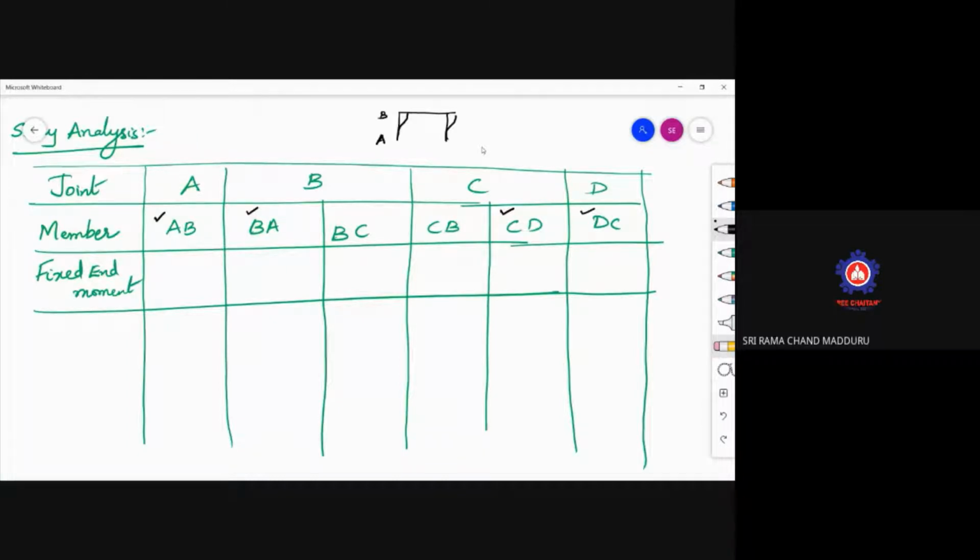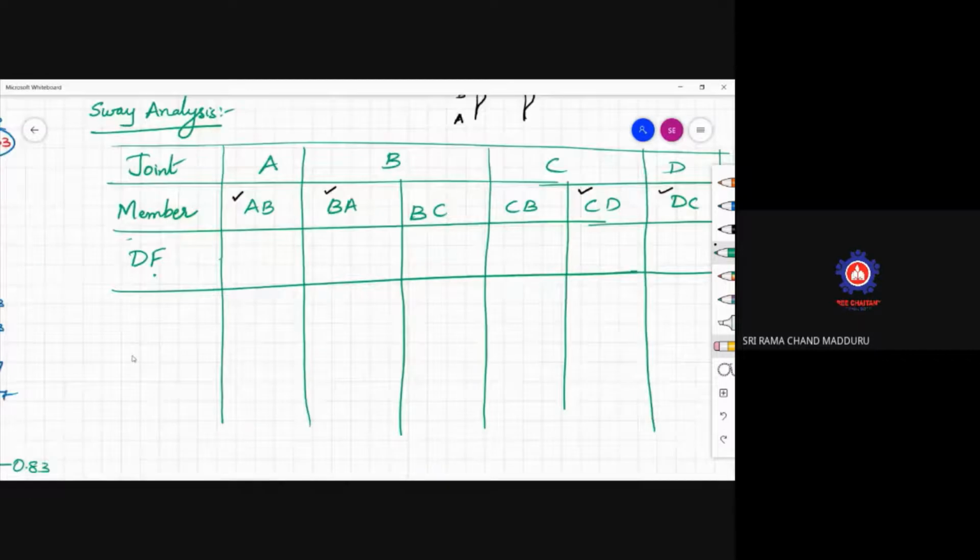Here, see this one. In the sway analysis, first of all, I forgot to write down the distribution factors. Here we need to write down the distribution factors also. So this row I am giving for distribution factors. What is the distribution factor for BA? This will be the same as our previous one.